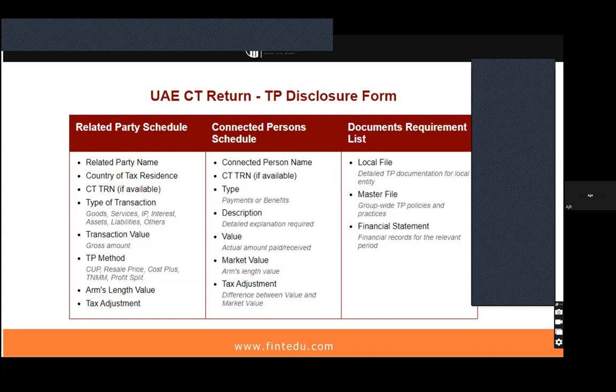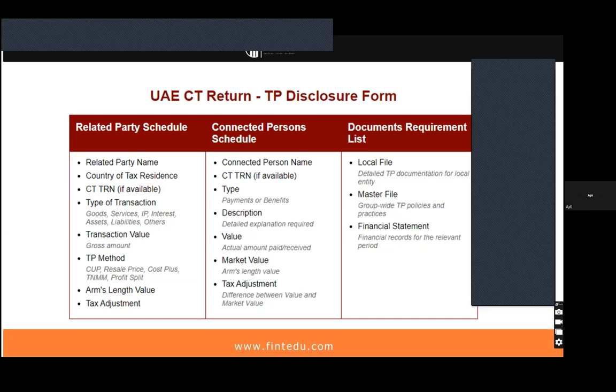TP documentation is not applicable to all entities. If you are not crossing the 200 million revenue threshold, or your consolidated revenue is not crossing 3.1 billion, or you are an entity claiming small business relief, in all these scenarios the local file and master file are not applicable.